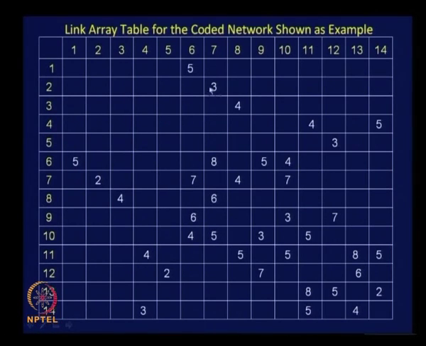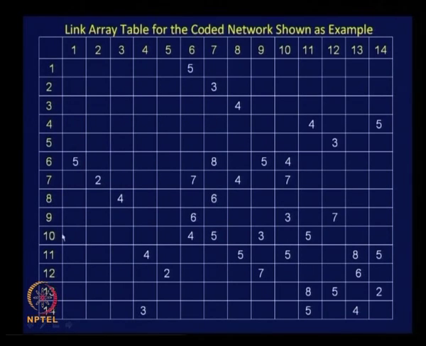Now we have number 3 here. This implies what? What is the first inference? There is a link connecting node 2 and node 7, and the travel time for movement from 2 to 7 is 3 minutes.